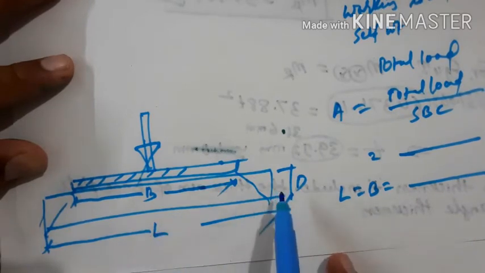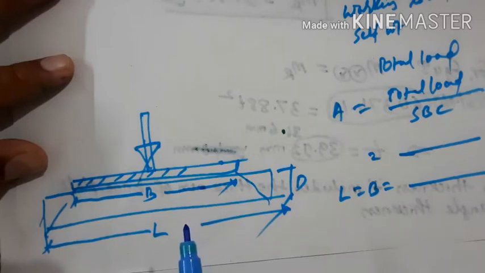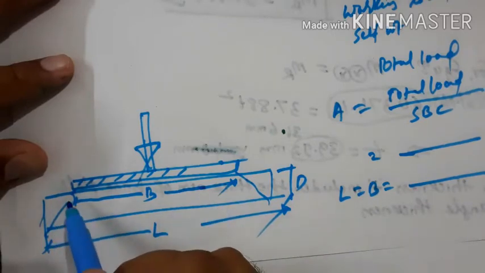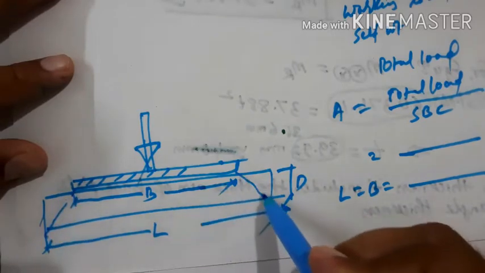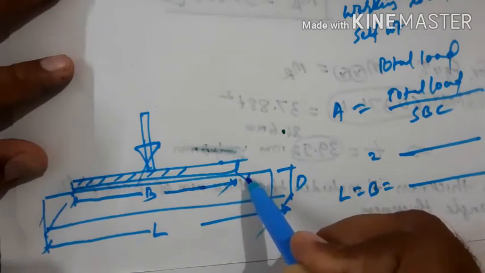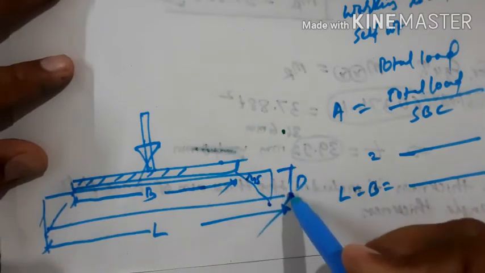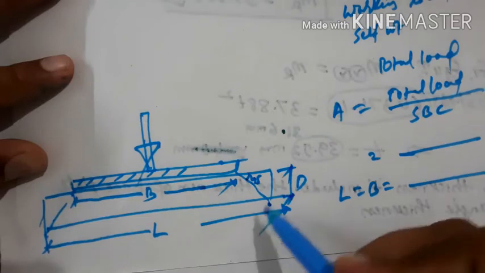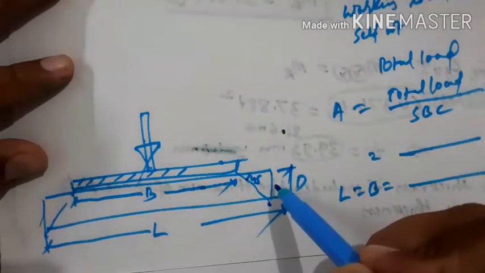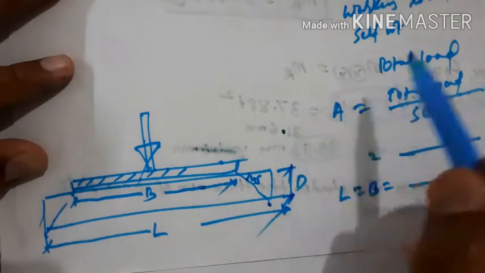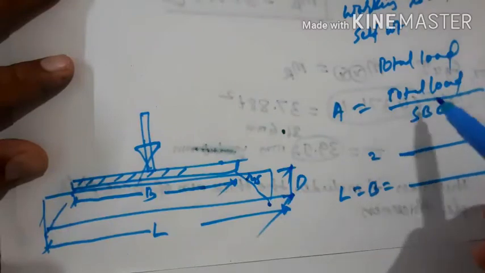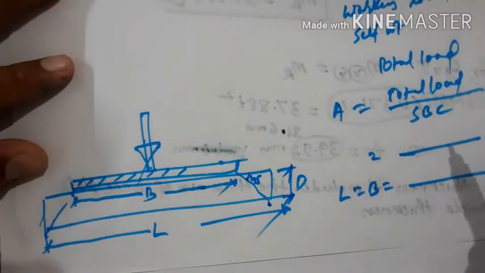It's very simple. If SBC of soil is given, you assume the load is dispersing at an angle of 45 degrees. Then for that 45 degrees, you calculate the depth of pedestal required, because you will get the length and width of the concrete pedestal based on the working load, and based on the SBC of soil you will get the area required.